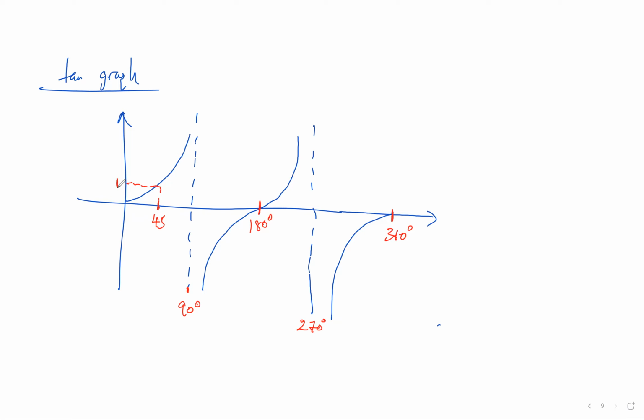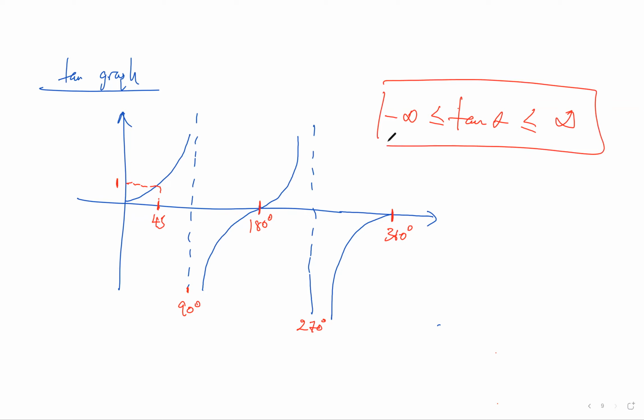Okay, now unlike sine and cosine, you don't have a limit here. So tangent is infinity to -infinity. It's not bound by -1 and 1. So that's something different.